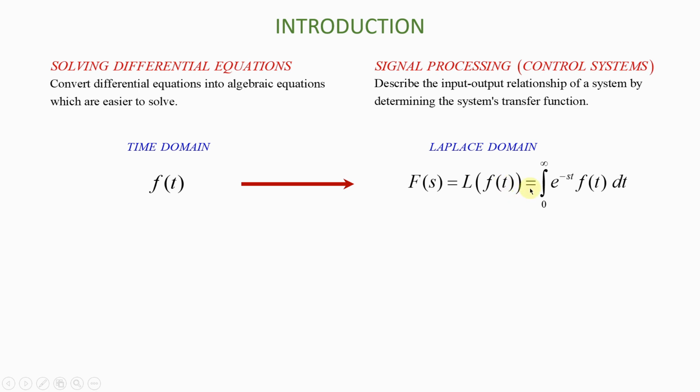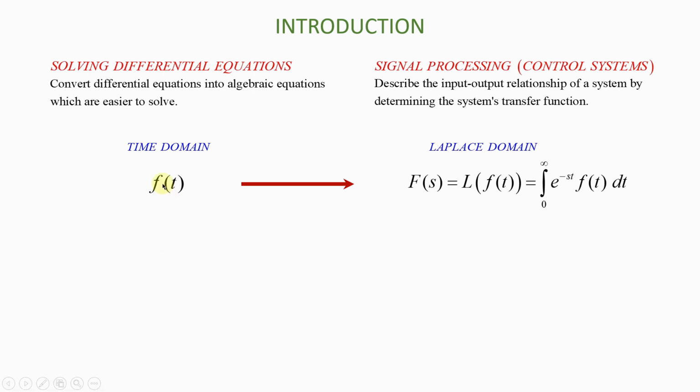And to calculate it, what you need to do is to calculate the integral going from 0 to infinity of e to the minus st multiplied by the function f(t) for which you're trying to find the Laplace transform, okay? And that will be dt because this f(t) is a function of time. So we are integrating with respect to time, okay? And so this is basically what the Laplace transform is.